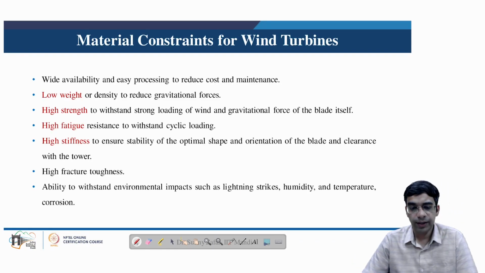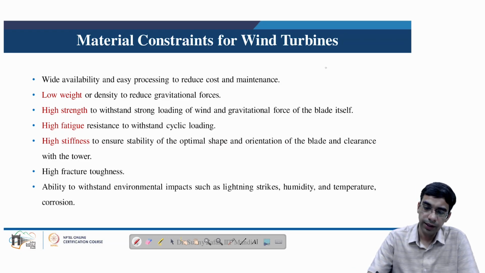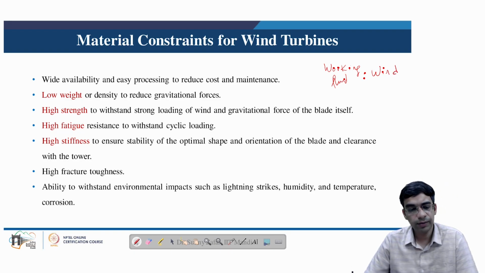If you look at the material constraints for the wind turbine, in this case the working fluid, as we have discussed, is the wind. Because it is wind, the density is low. So we have to choose materials which are able to extract energy from the blowing wind. We have to consider materials with low weight or density in order to reduce the gravitational forces.